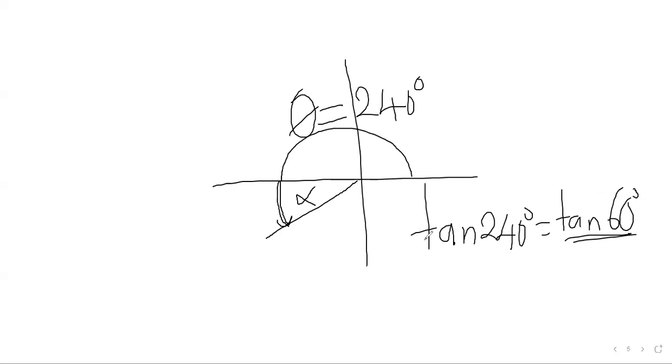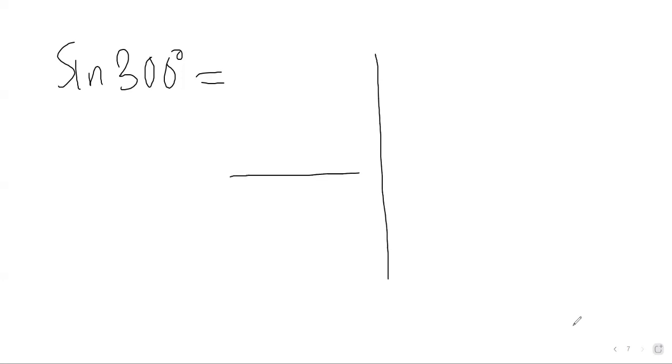So if we look at part C, which is sine 300 degrees, the exact value for this, you just have to look for its corresponding acute reference angle. So 300 is found in the fourth quadrant.